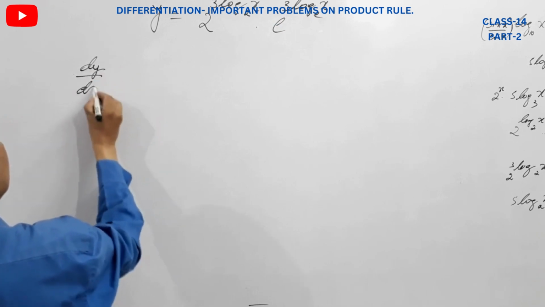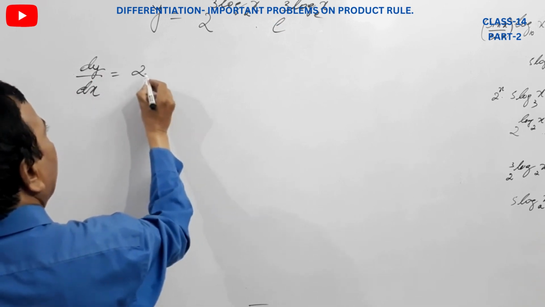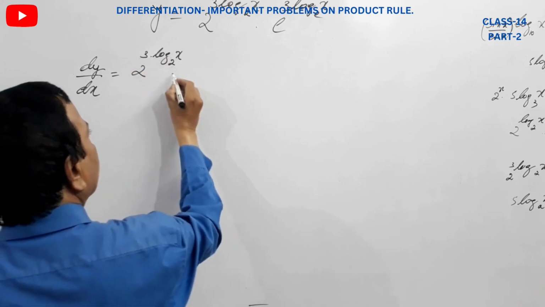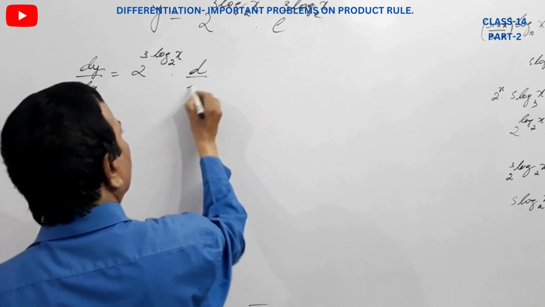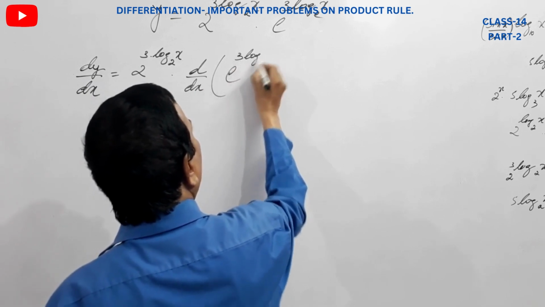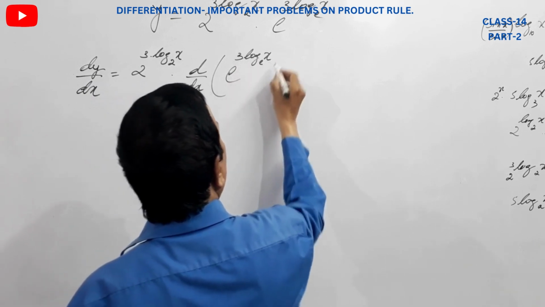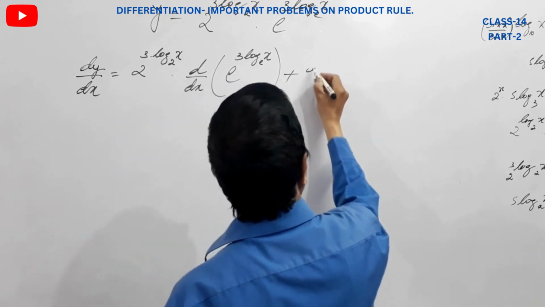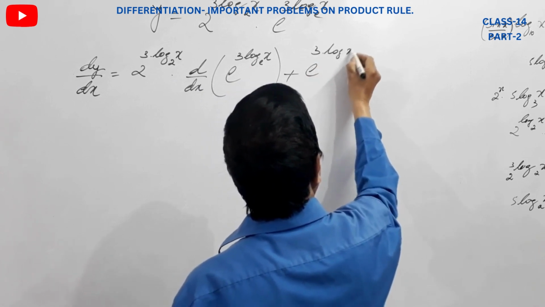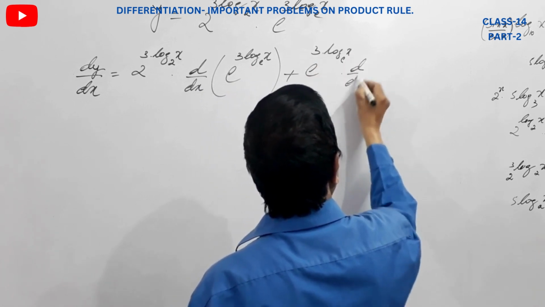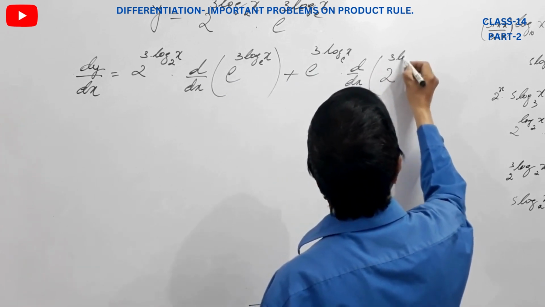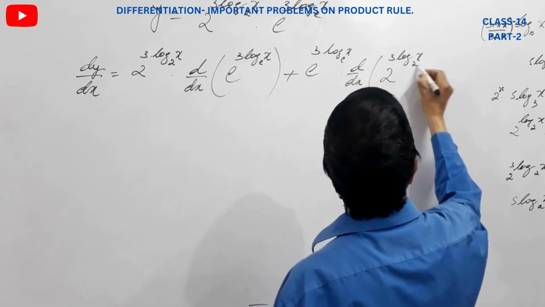dy by dx equals, keep as it is this function 2 to the power of 3 log x to base 2 into d by dx of e to the power of 3 log x to base e, plus e to the power of 3 log x to base e into d by dx of 2 to the power of 3 log x to base 2.